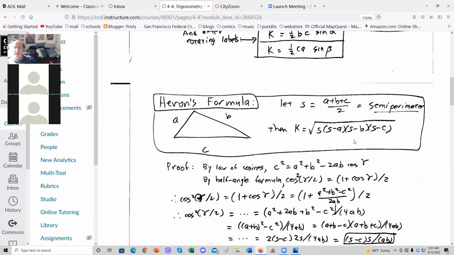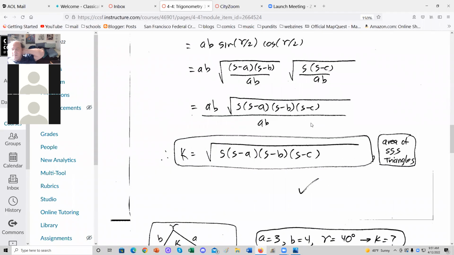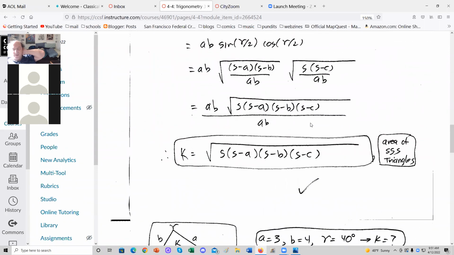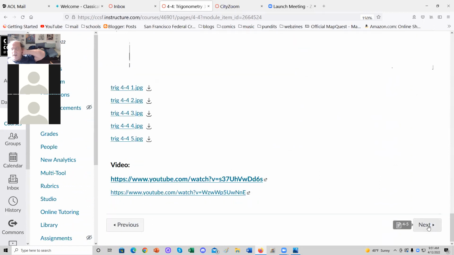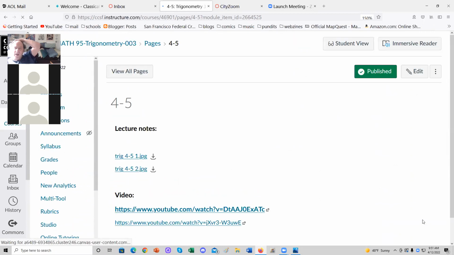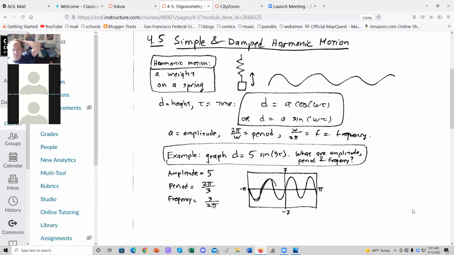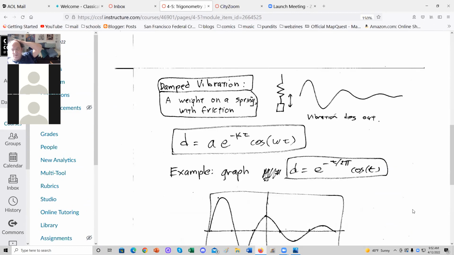It's a complicated formula with a complicated derivation, which I will go over next time. It involves a half angle formula and a number of others, and then some examples. After that, we'll have a section on simple and damped harmonic motion. Pretty short section because you could go into this topic either briefly or at great length, and I go into it briefly.